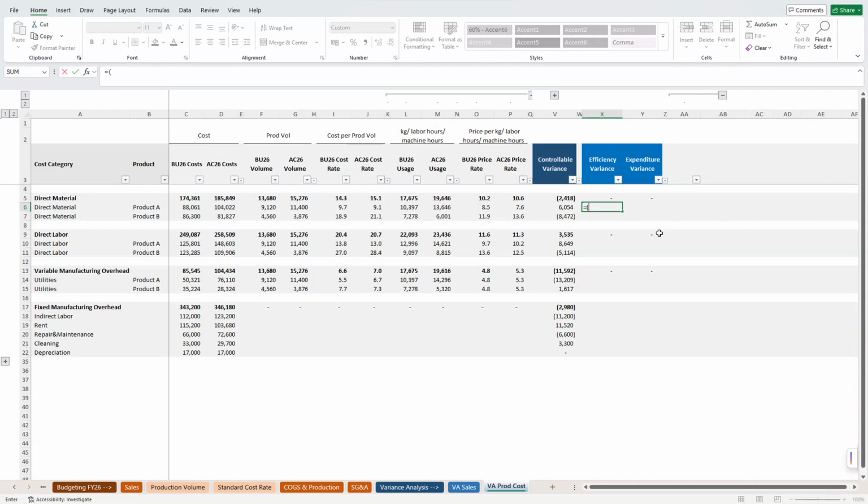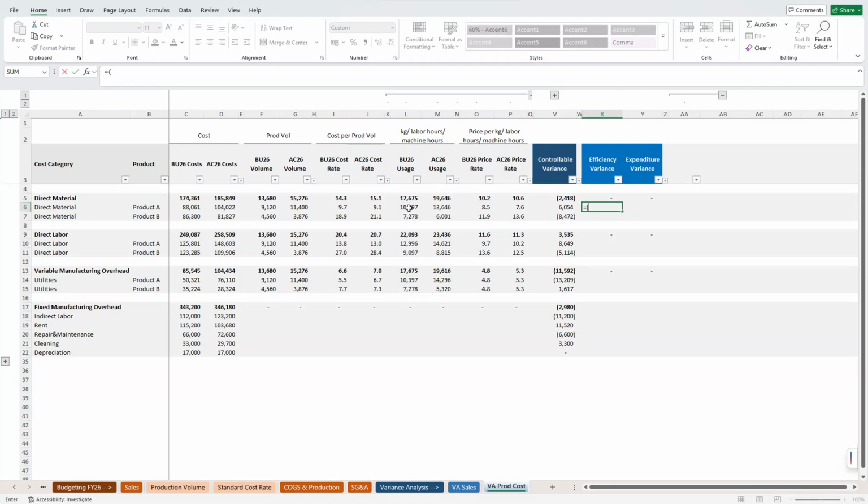So let's first find the difference between usage, standard usage and actual usage. Standard usage here stands for expected usage for actual volume. In order to find it, let's first find what the budgeted usage was.